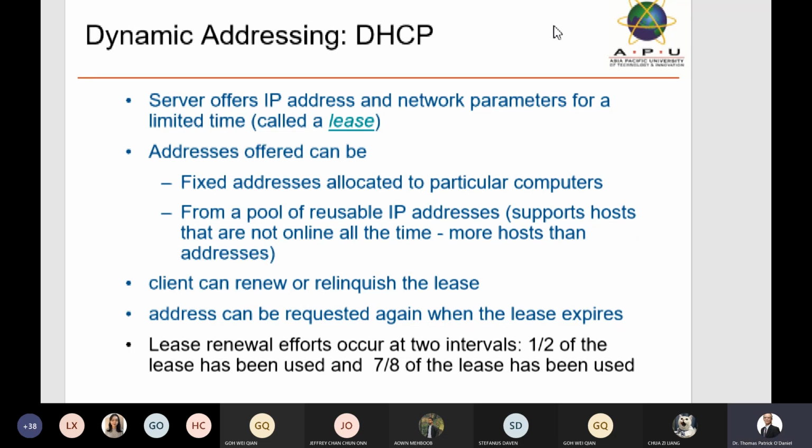But to move around from point to point, reconnect here, reconnect there, it's likely that your IP address is going to change, because all of these IP address allocations are controlled by the system administrator for that particular network.